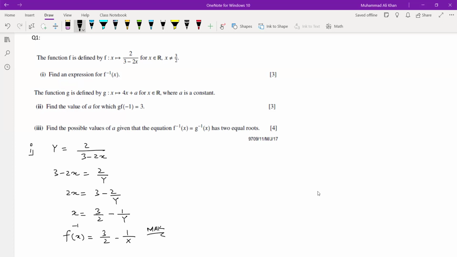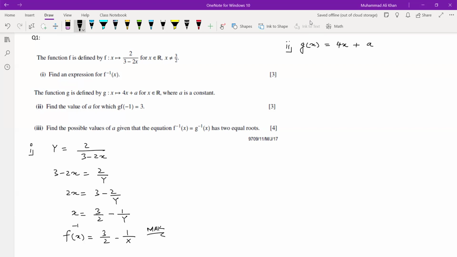Now, after that, in the second part, the g function is defined, gx is defined by 4x plus a. When the 2 comes down, 2 and 2 cancel out, so 1 over y.